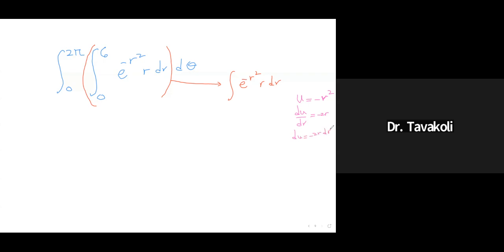But here I have r dr. So I let u be minus r squared, but r dr is not du. Minus 2r dr is du. So if I divide both sides by minus 2, du over minus 2 is r dr. So r dr is the same as du over minus 2.